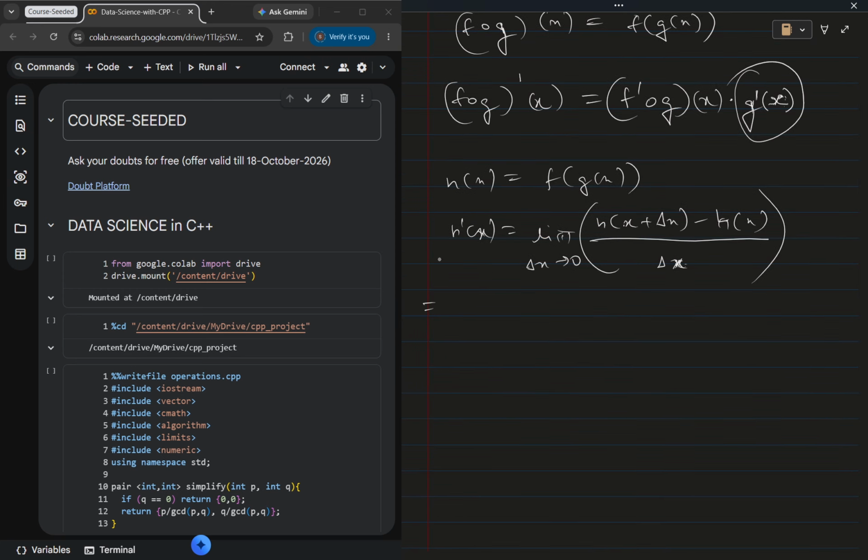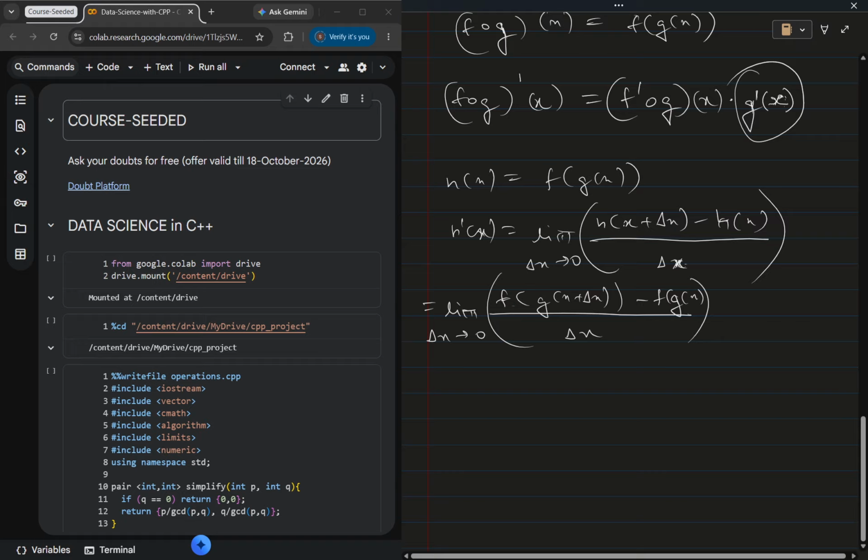Then you can say the limit as delta x tends to 0 of f of g of x plus delta x minus f of g of x divided by your delta x. You have this f of g of x over here.